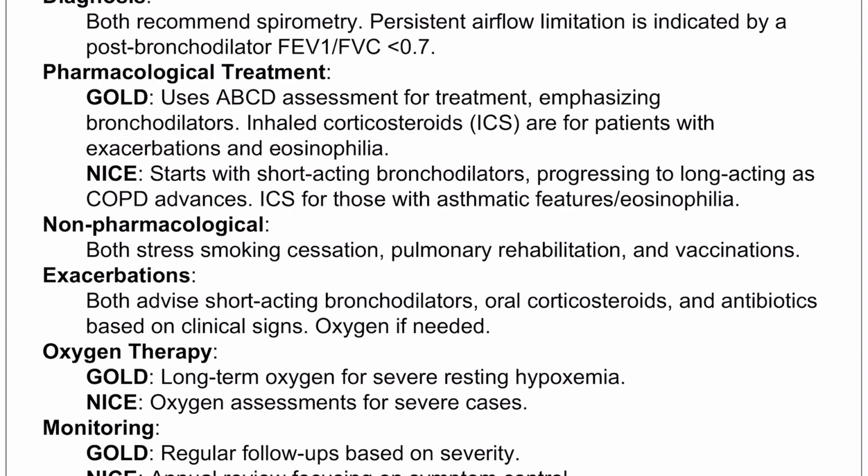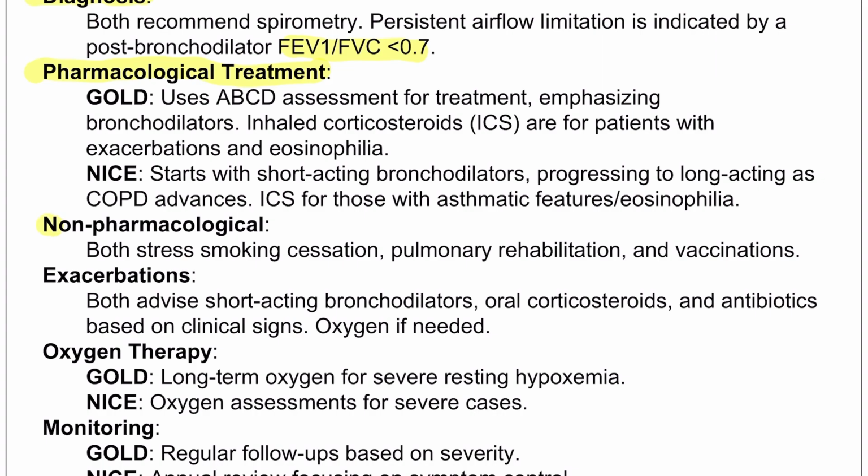NICE says we start with short-acting bronchodilators, then progress to long-acting as COPD advances, and ICS for those with asthmatic features or eosinophilia. So almost the same things. Okay. So I have put these points. If they ask you about these guidelines, you should have an idea. So remember the diagnosis point, remember this figure, and regarding the pharmacological treatment, how they approach it.